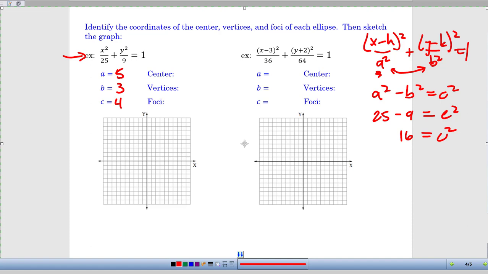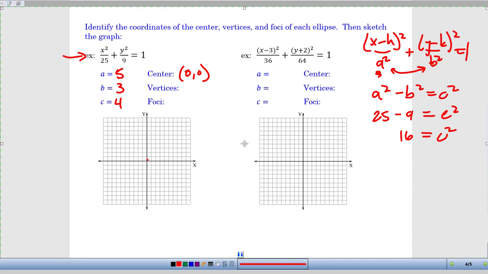And so now with that, we can start to piece together the shape of the ellipse. We can see hopefully that the center is (0, 0), since we have no number being added or subtracted from the x or the y. So our center is at the origin. If you look at the previous slide, a is that distance from the center to the vertices, the long way across the ellipse.